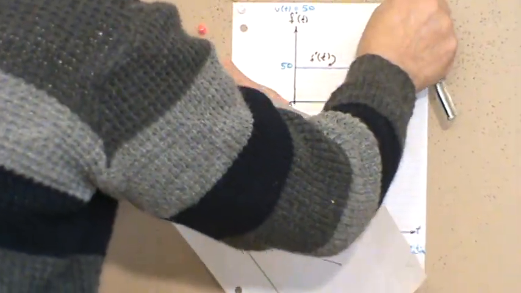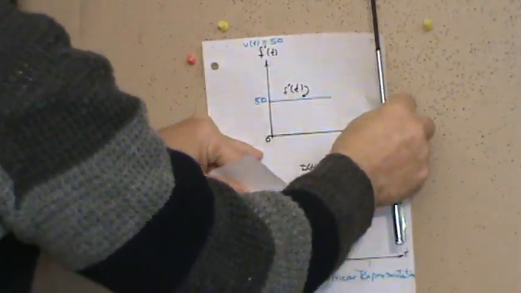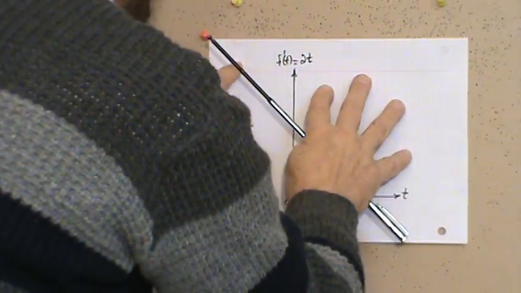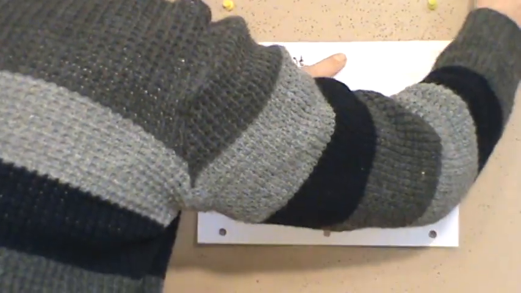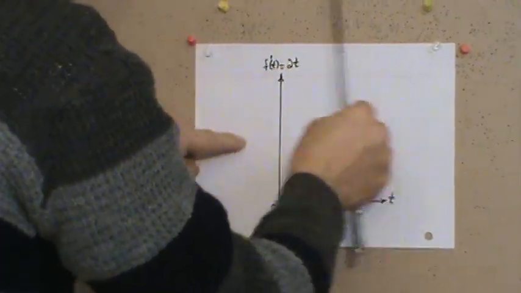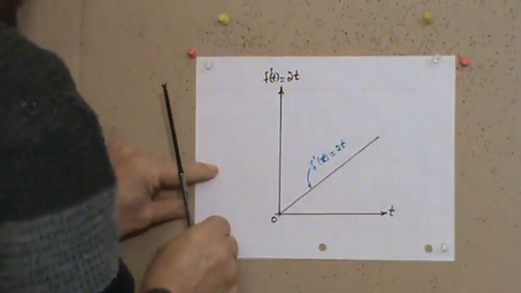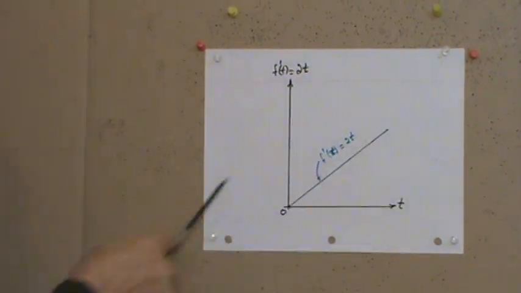Okay, now let me go to the next one. So the next example is, now in the next example, the derivative function is not constant, as you can see. The derivative of a function that I selected is 2t.